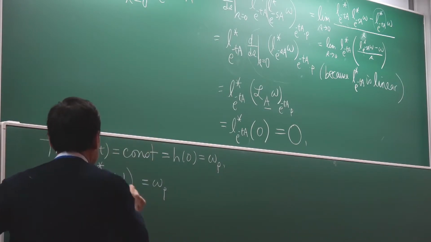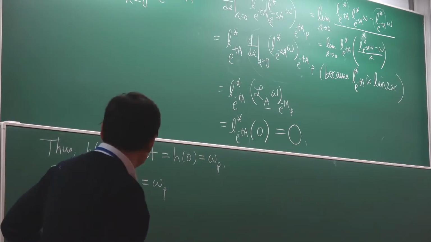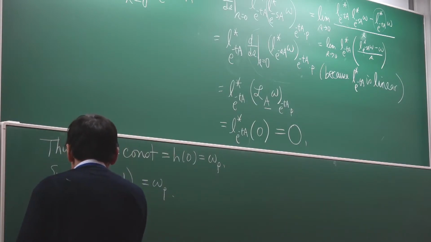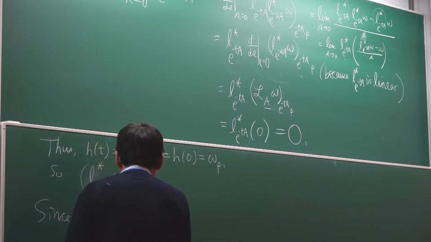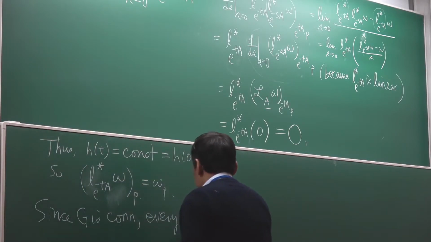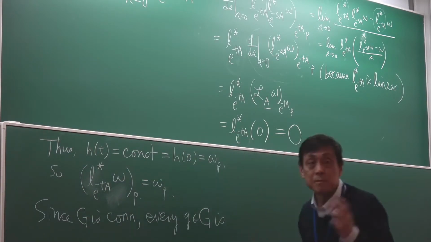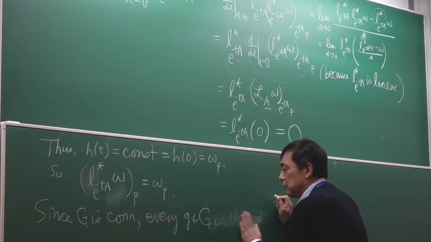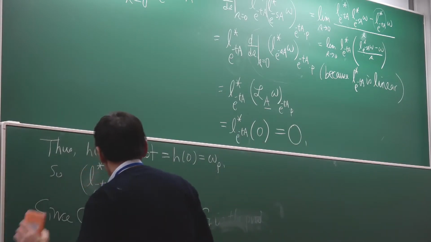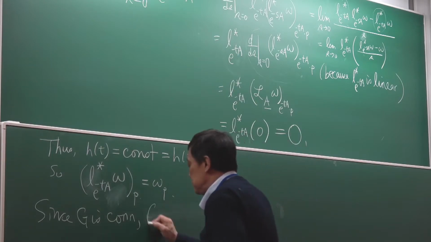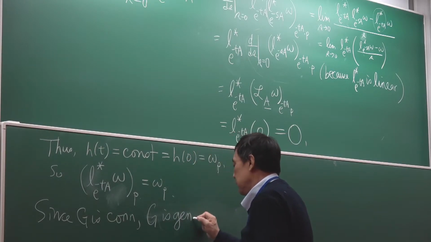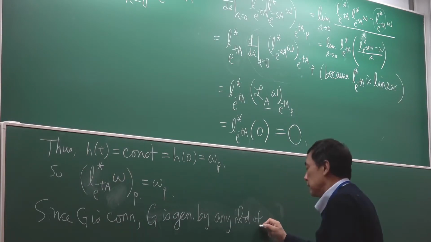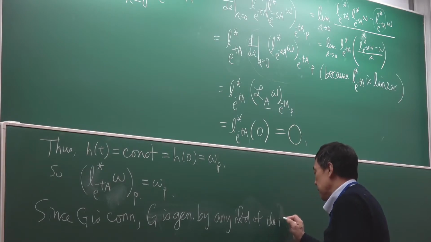But since G is connected, every g in G is the product... well, let me put it this way. Since G is connected, G is generated by any neighborhood of the identity.